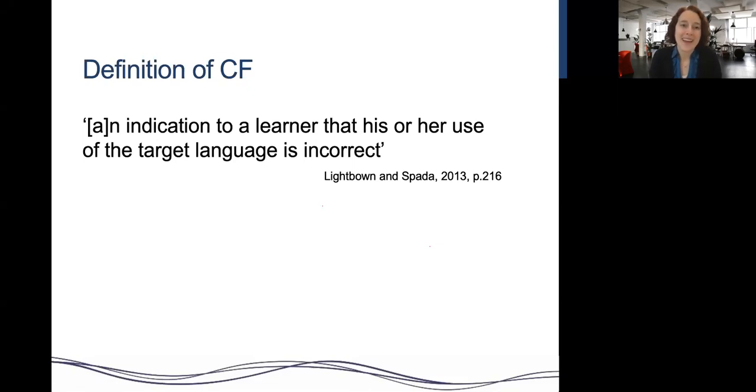So this being academia, we need a definition, and the functional definition that I'm working with today is an indication to a learner that his or her use of the target language is incorrect. Now we could go off track here and have an interesting discussion about how important accuracy is to learners to begin with.